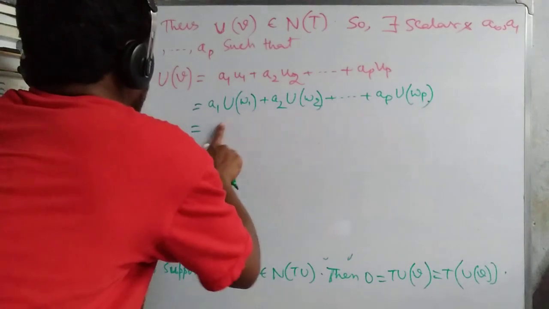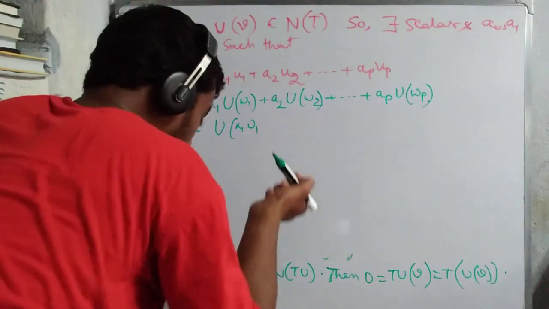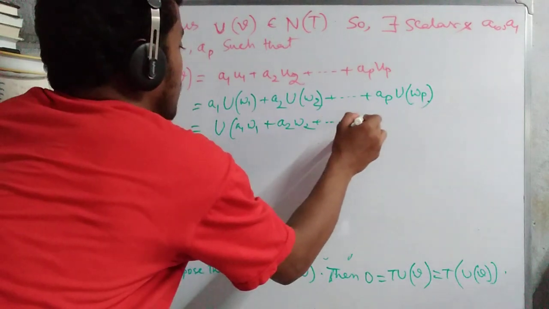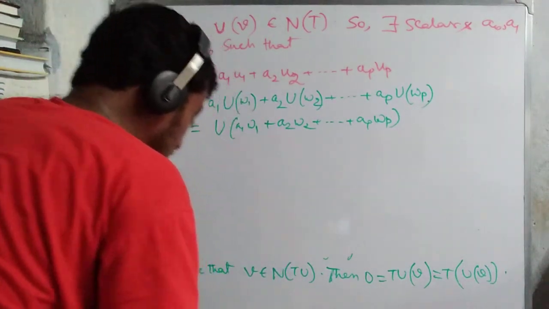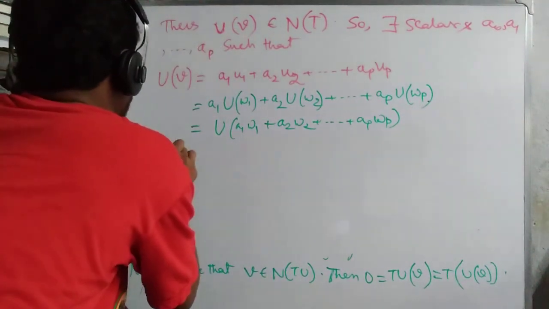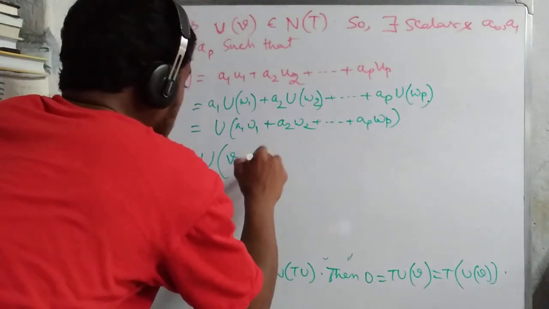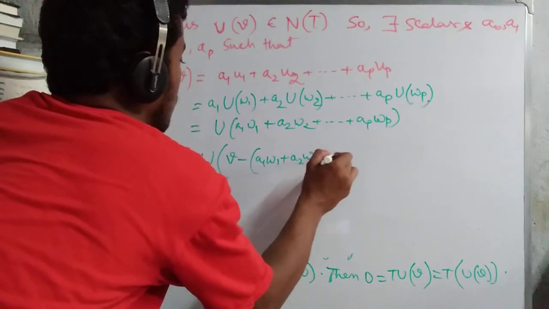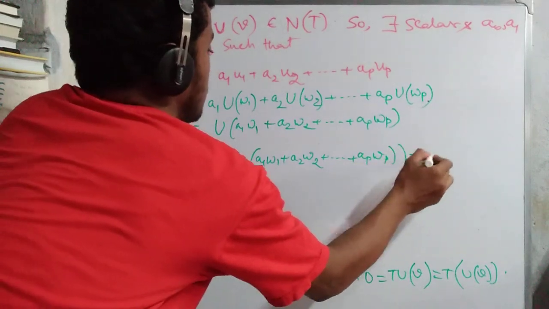Here we write this one equal to U of a1 w1 plus a2 w2 plus ... plus ap wp. Hence U of v minus a1 w1 plus a2 w2 plus ... plus ap wp is 0.